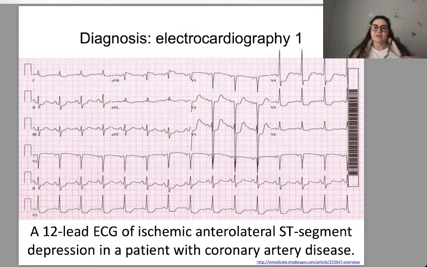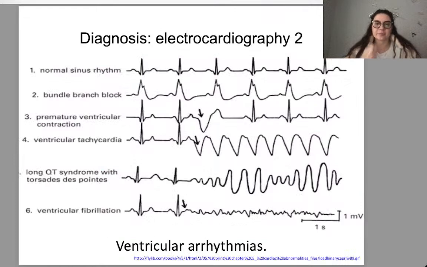It affected anterior leads and lateral leads. Those who don't know anything about it, please return to the lecture about ECG. And we see in these leads ST segment depression in a patient with coronary artery insufficiency. There can be different arrhythmias.